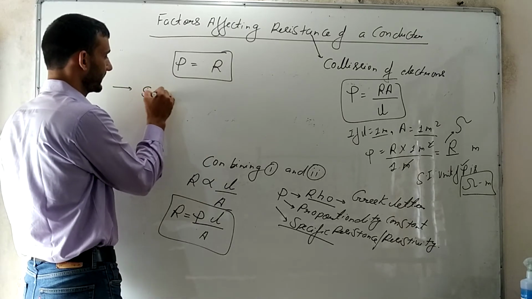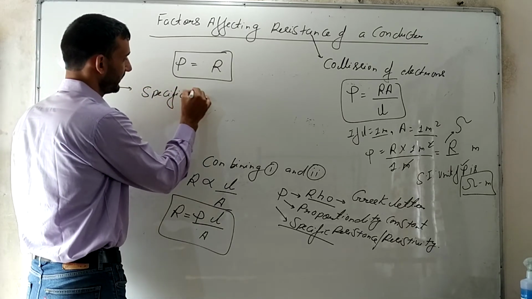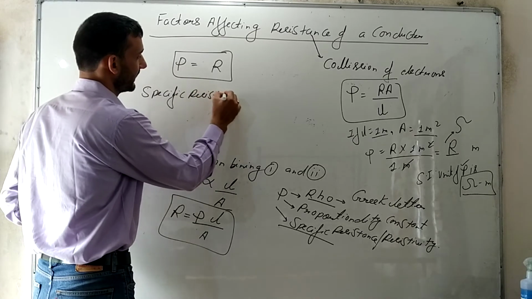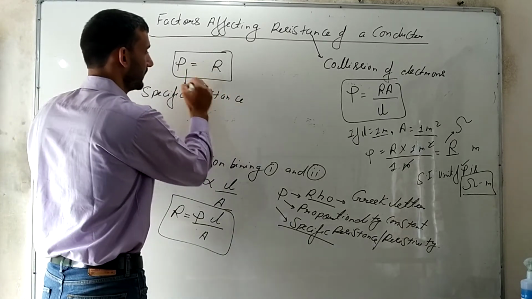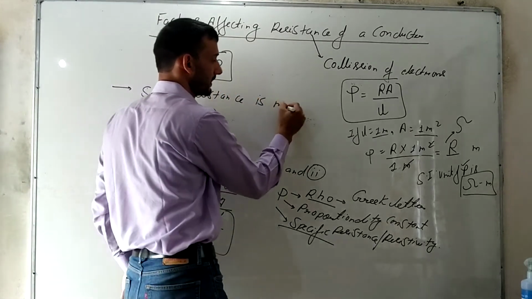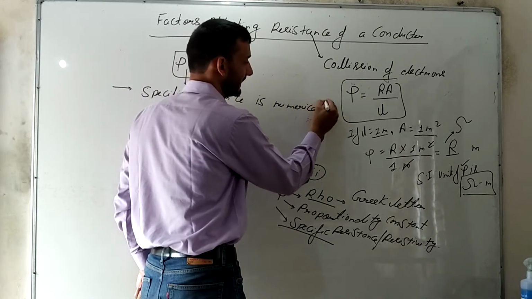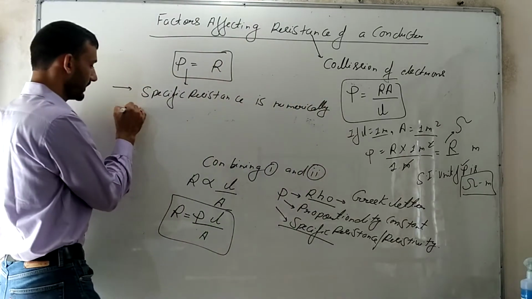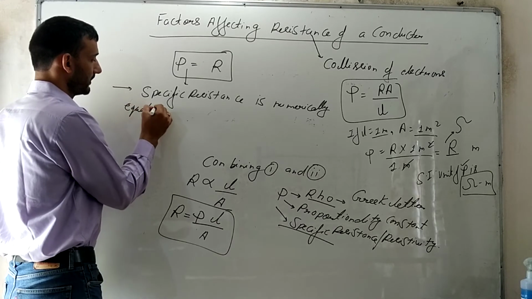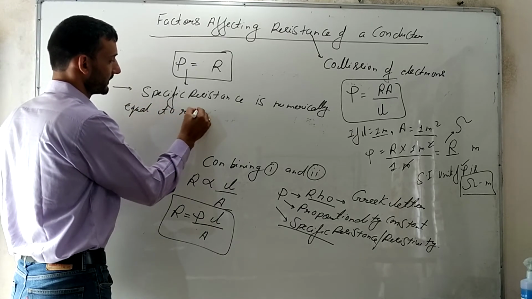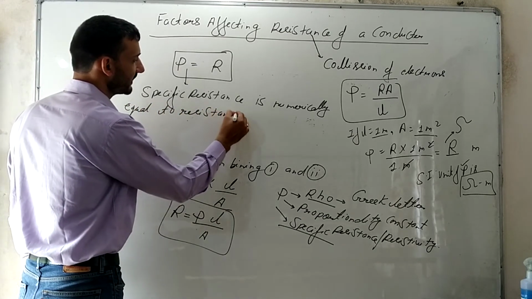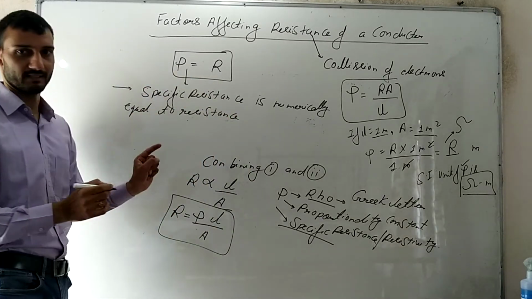Specific resistance, that is rho, is numerically equal to resistance.